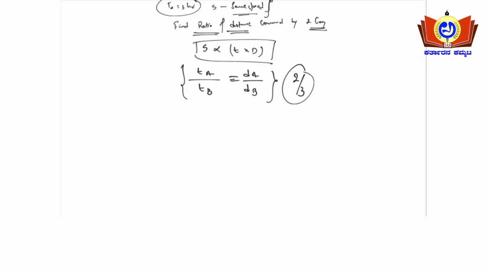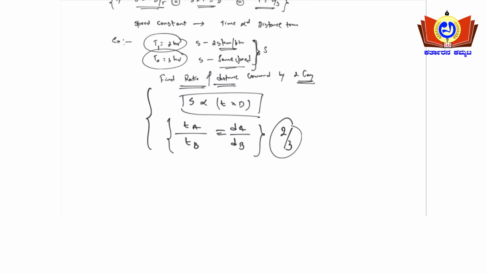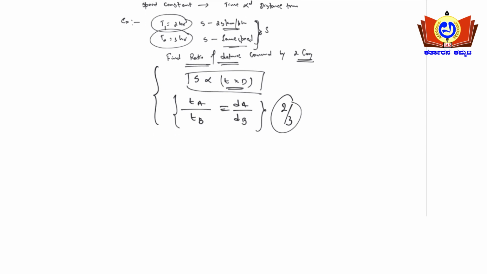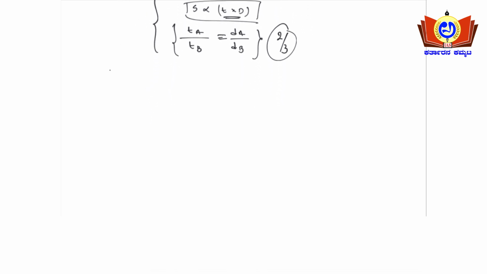So this is the way the formula works, okay? Here distance is directly proportional to time when speed is constant. In the second case, when time is constant, then speed is directly proportional to distance.